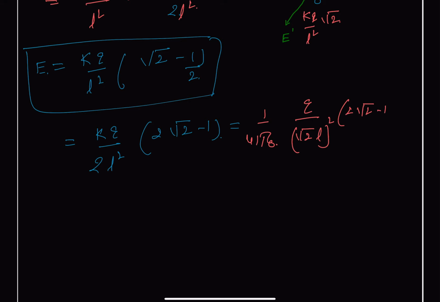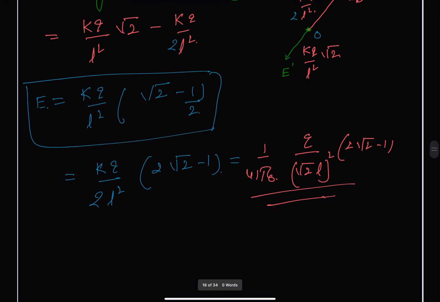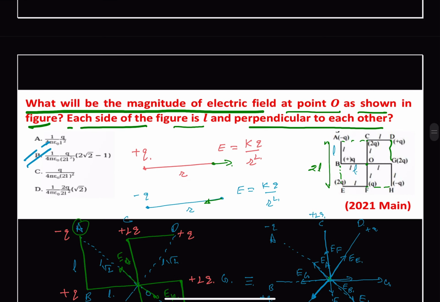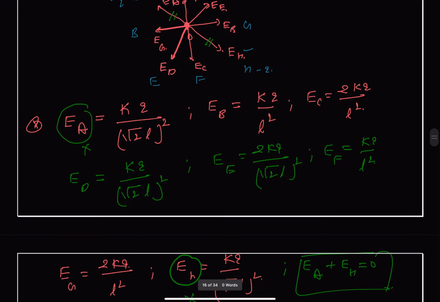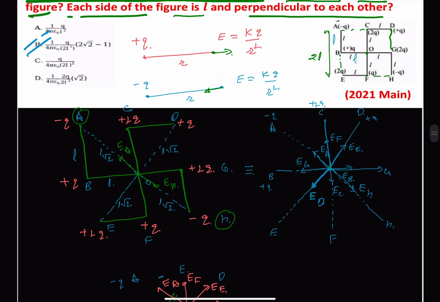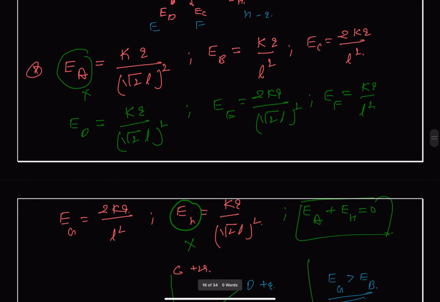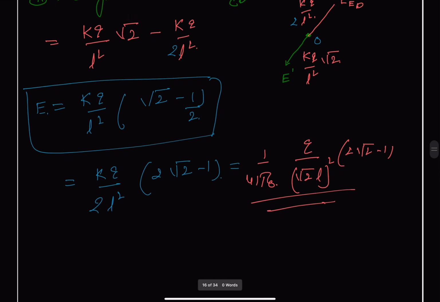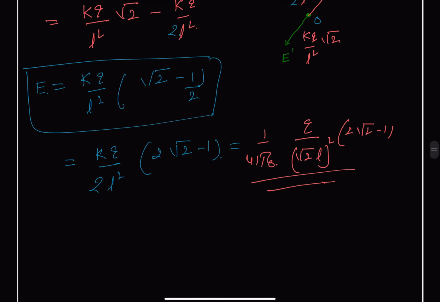Okay, now option B is correct. Yeah. One second, I made a mistake. This is our 2 root 2. Yeah, this looks good.